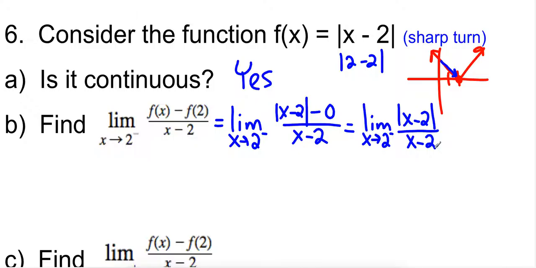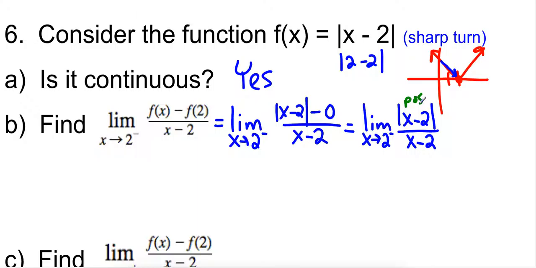Now, we can think this through. We don't even need a calculator for it. We're approaching 2 from the left, which means we have something slightly smaller than 2, like 1.99. Now, when we plug in 1.99 in the numerator and the denominator, they're both 1.99 minus 2. So we're going to get the same thing in the numerator and the denominator. The only difference is going to be what the signs are. So in the numerator, we plug in 1.99, we subtract 2, we get some number, and then we take the absolute value of it. So this is a positive number.